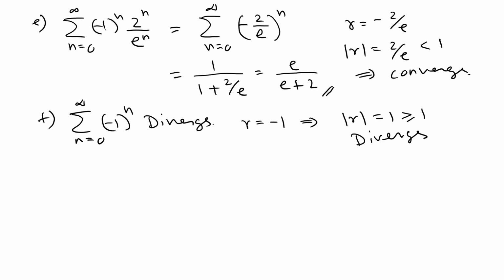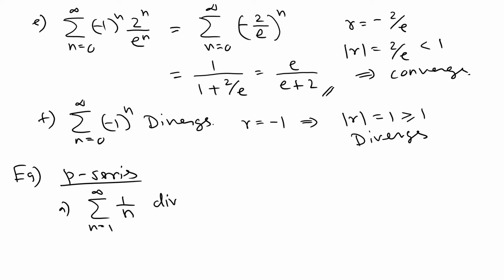So let's look at some examples from p-series. Let's say something like this: sigma n going from 1 to infinity, 1 over n. In this case, you can see that p equals 1.